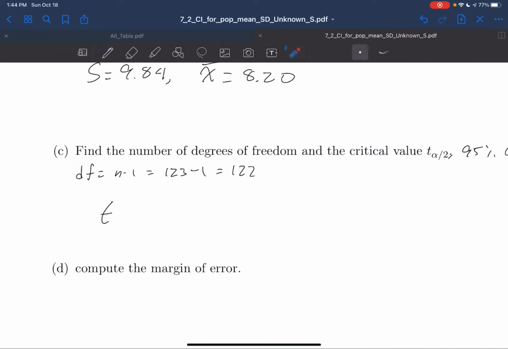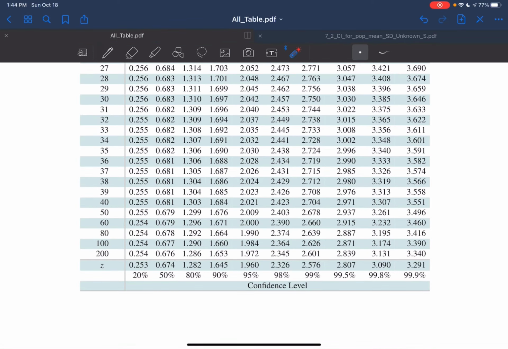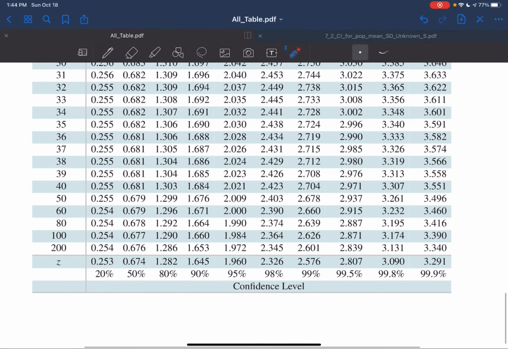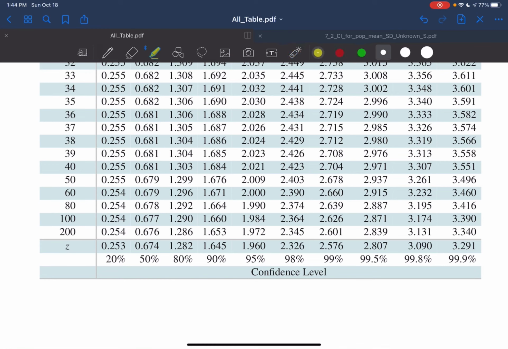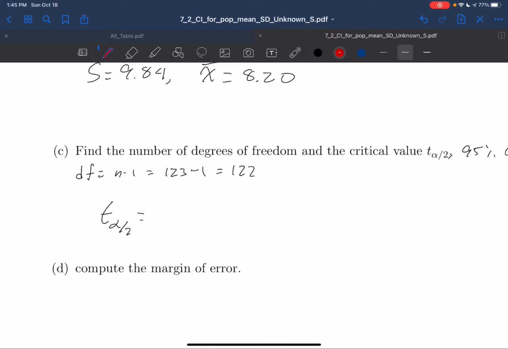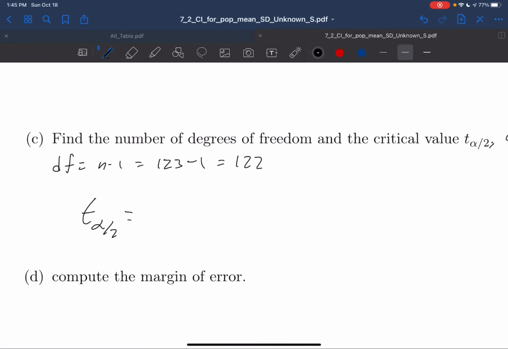We need to compute our degrees of freedom in order to find our critical value, t of alpha over 2. Now we could look at the table and see where 122 lies. You notice 122 is not in the table, so we have to choose the next lowest value, which is 100. Since we're doing a 95% confidence level, our critical value here is going to be 1.984.